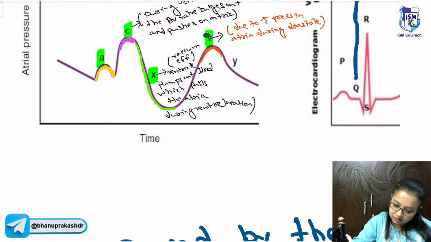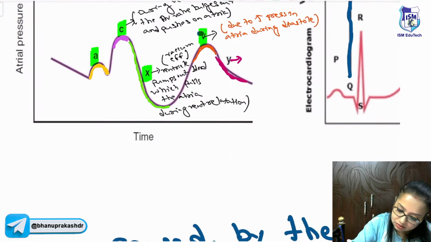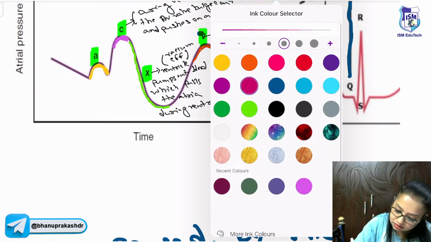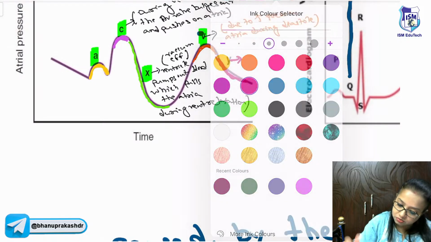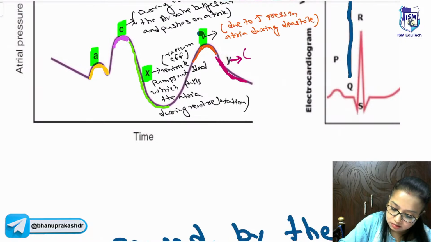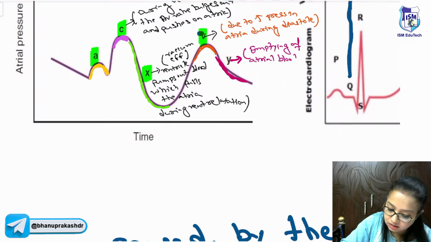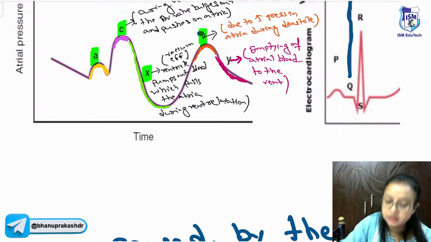Okay. Then again, we have this Y descent. Again, it's like a fall. What is this Y descent? This Y descent is the emptying of atrial blood to the ventricles.